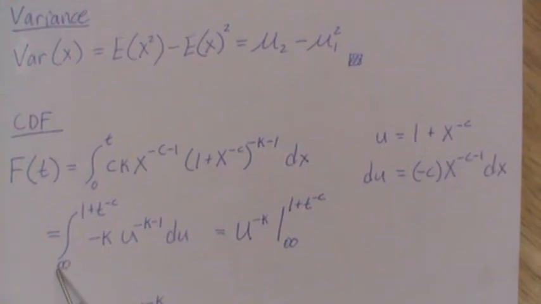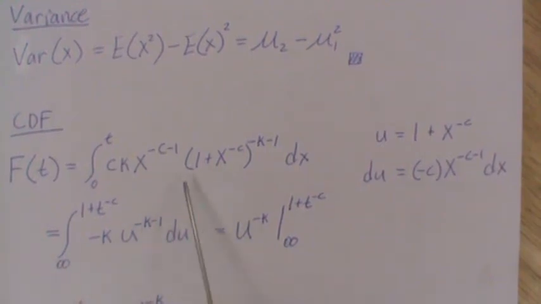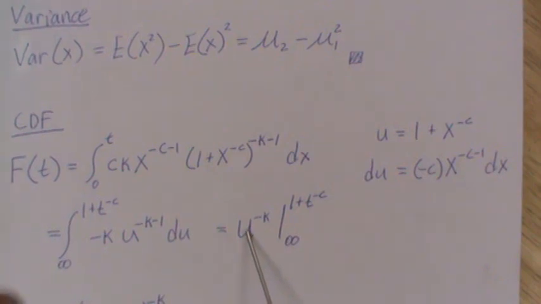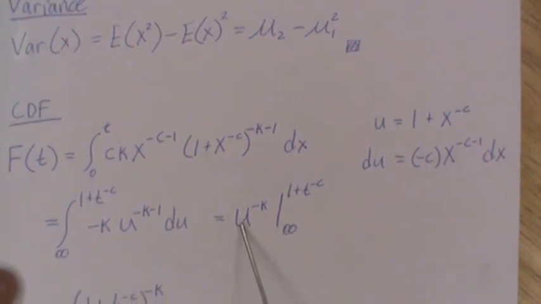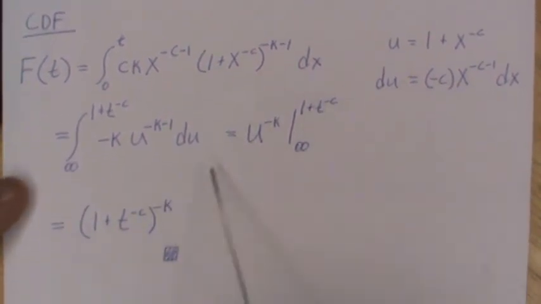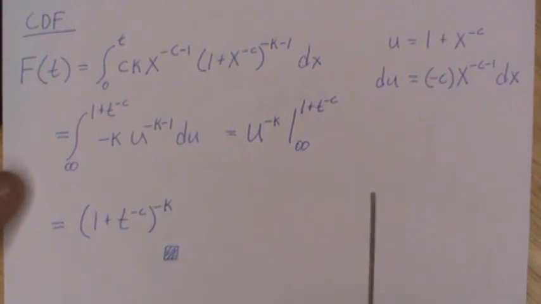And that's why this is an infinity. So plug in all this and we get this right here. Then this constant comes out front, and then we add 1 to the exponent, divide by it, and the k's cancel, the minus k's cancel, and we're left with this. Now plug in this for u, minus plug in this for u. And then infinity goes in here, that's 0, so we're just left with this. And this is the CDF of an inverse Burr distribution.